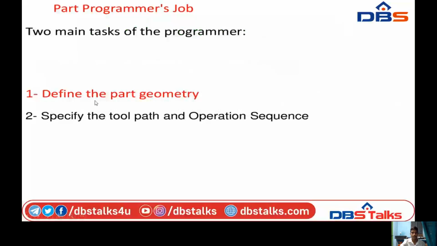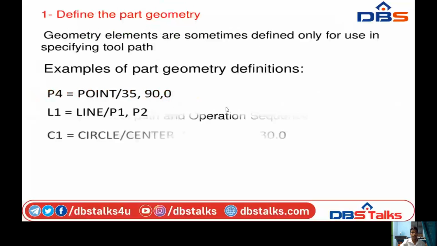Recently, we completed what operations can be completed by the part programmer, defining a part geometry and tool path. Next, defining the part geometry means geometry elements are sometimes defined by using the tool path. In this, examples of part geometry definitions.